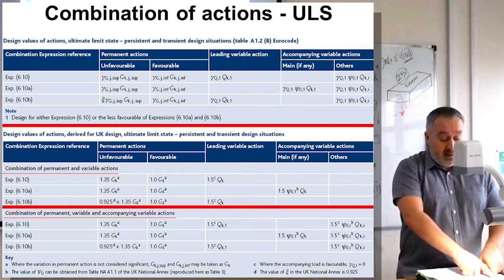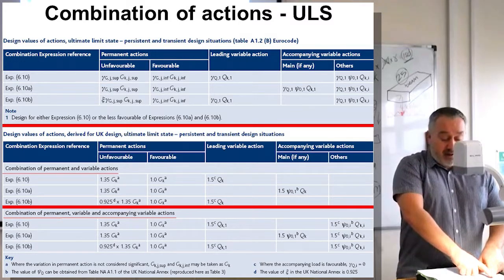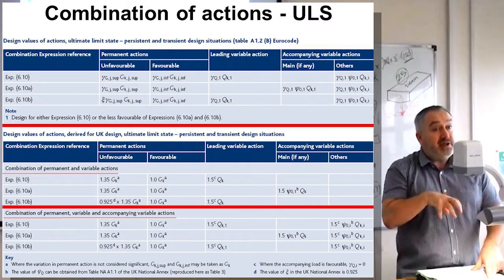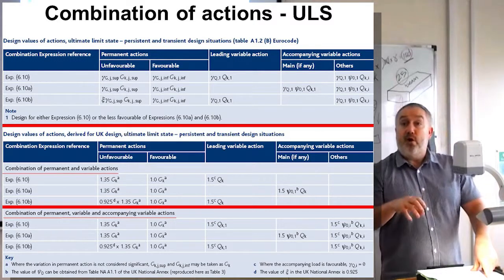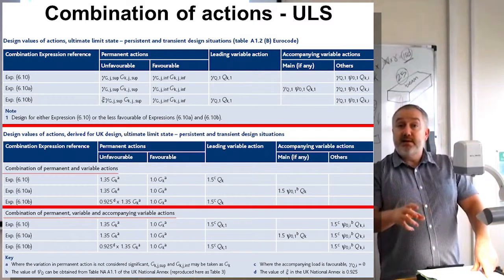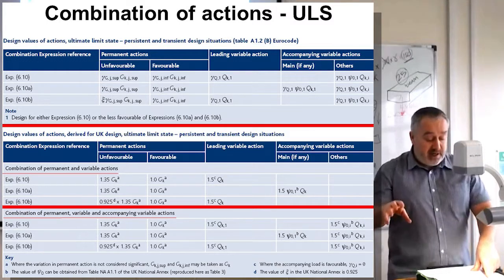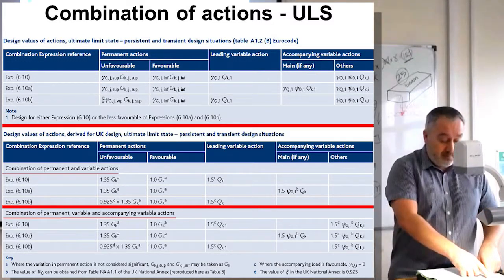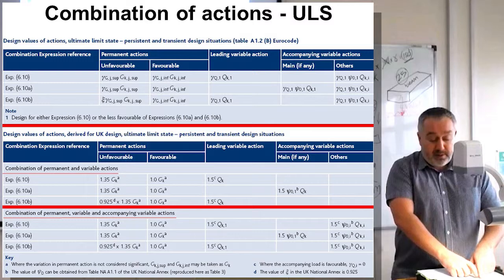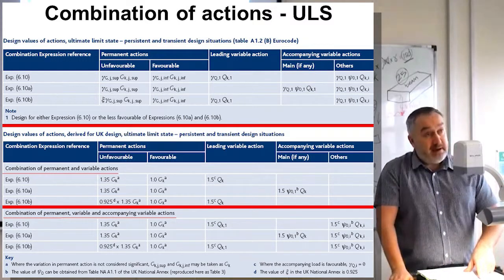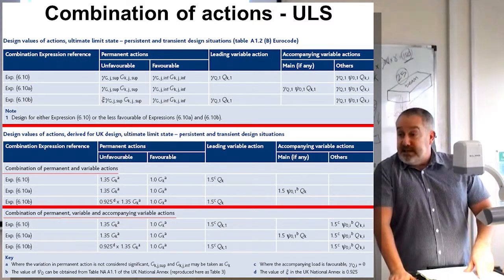Equation 6.10 says you've got to multiply your dead load by 1.35. Now this is our national annex. We say 1.35. It used to be 1.4 when it was the British standard. So that's a bit of a change from British standard to Eurocode. And then we add our variable load, which we multiply by 1.5. That used to be 1.6 in the British standard.